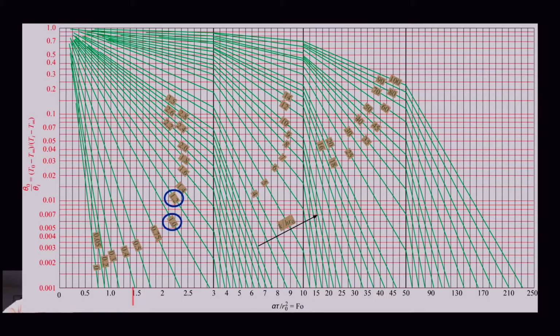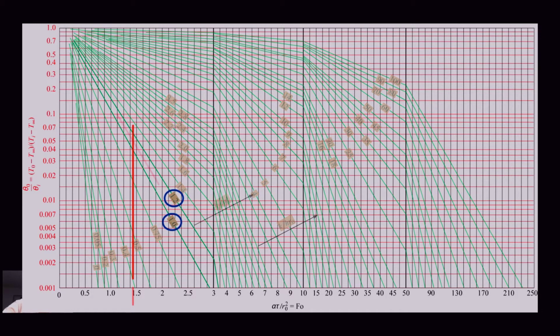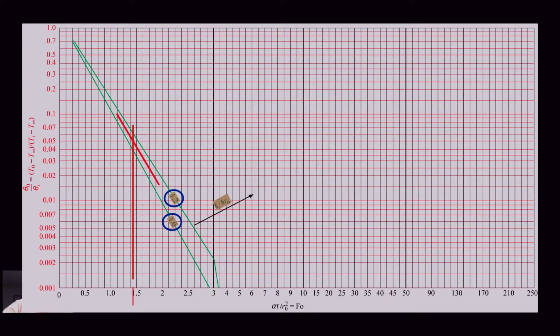So I'm going to sketch up, and that's up here somewhere, and we're between those two curves. Coming across, I would estimate that we're somewhere right around 0.05. So let's take that as our value, and we'll work with it.